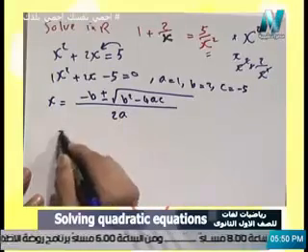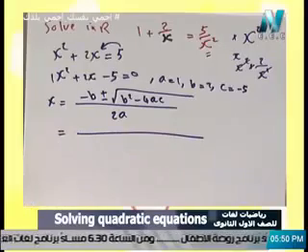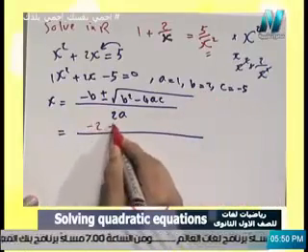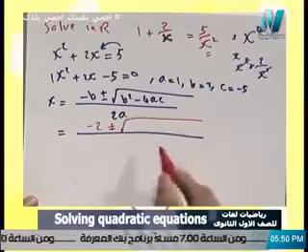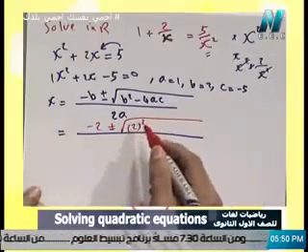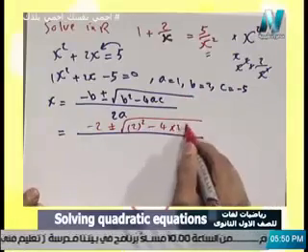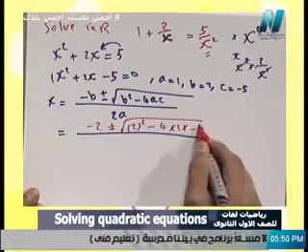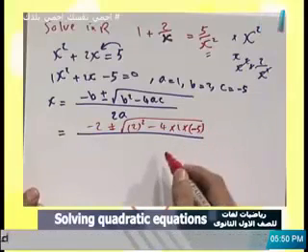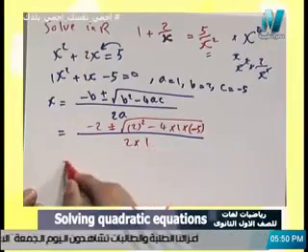Okay, by substitution we will find that negative b will be negative 2, plus or minus square root of b power 2, meaning 2 power 2, minus 4 multiplied by a, which is 1, multiplied by c, which is negative 5, and my advice also is to put it in brackets, over 2 multiplied by a, which is 1.